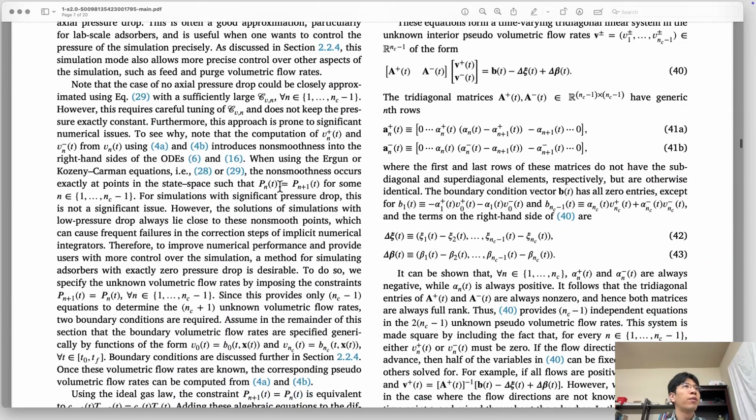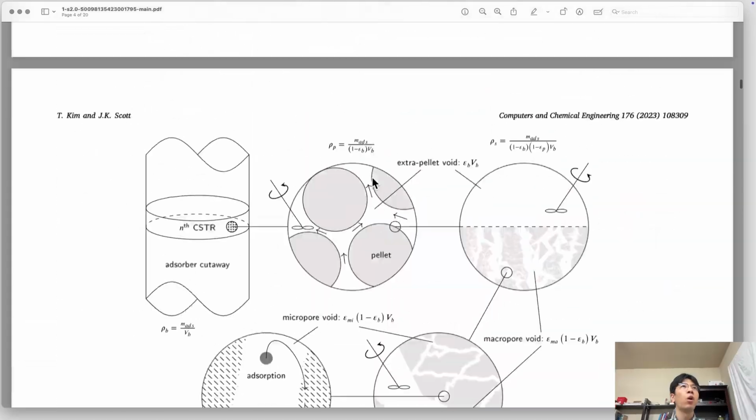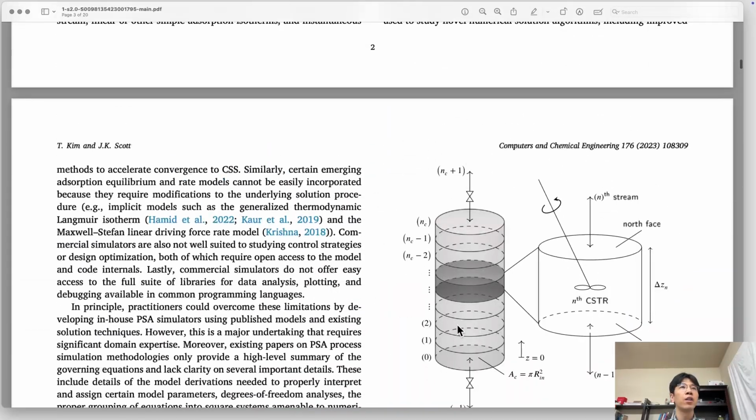One of the first constraints that we're interested in is this one: the pressure in the nth CSTR is equal to the pressure in the n plus 1 CSTR. If you think about this in a series of CSTRs, what we're saying is that the pressures in all these volumes are equal to each other at each and every time point.